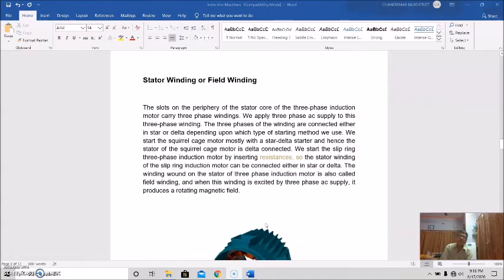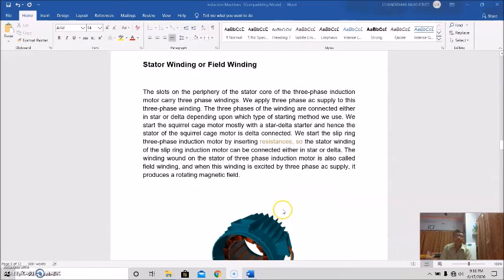Now stator winding, which is also called the field winding, is provided on the slots on the periphery of the stator core, and it carries the three-phase windings, where the three-phase balanced AC supply is provided.